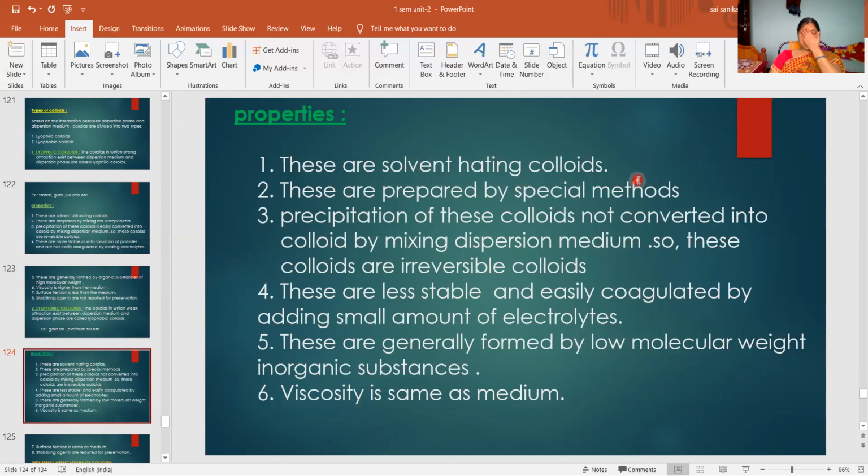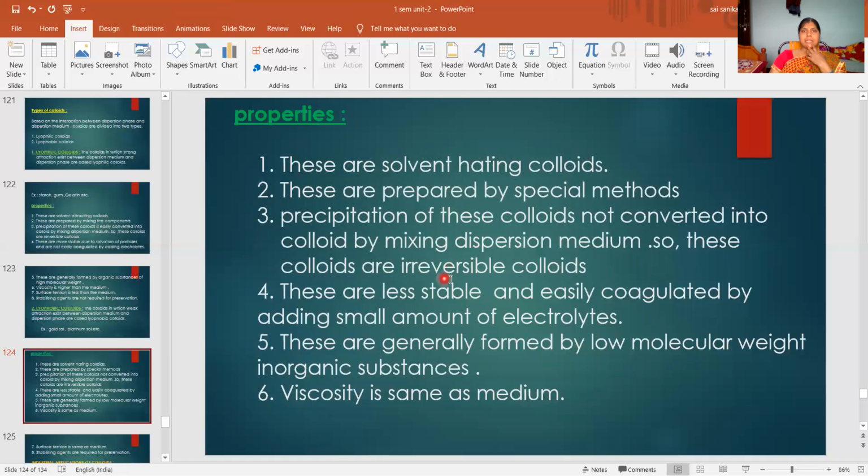The properties of lyophobic colloids are quite opposite to lyophilic colloids. They are solvent attracting; these are solvent hating colloids. They are prepared by mixing the components, whereas these are prepared by some special methods. Precipitation of these colloids is not converted into colloid by mixing dispersion medium.